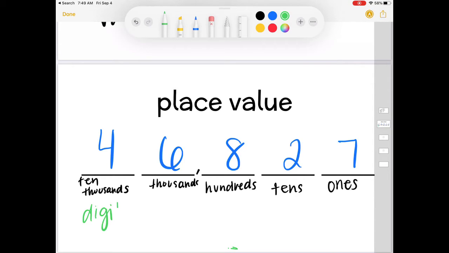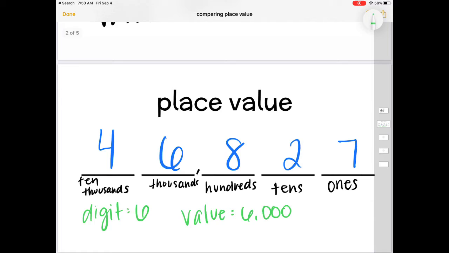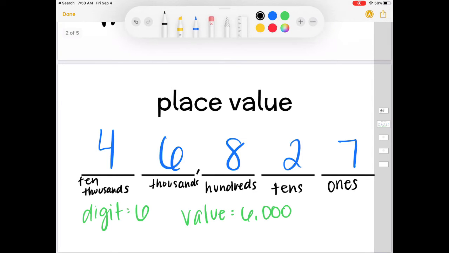The digit in the thousands place is 6. But what is the value of the digit? In the thousands place, it is 6,000. So the value of the digit is different than just the digit itself. You have to be extra careful when you're looking at what a question's asking you.